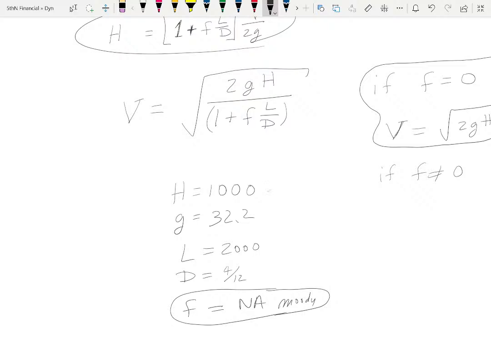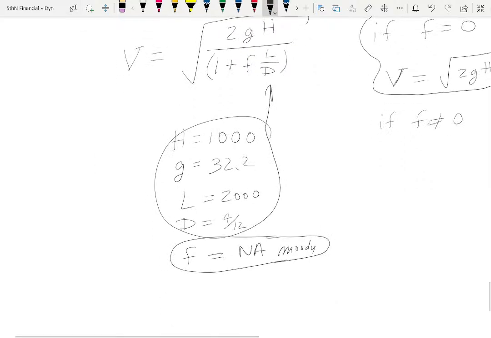But let me stick all these in there and come up with V equals the square root of 2, 32.2, and then 1,000. That's how high the tank is up there. Over 1 plus F, which I don't know, 2,000 over 4/12.